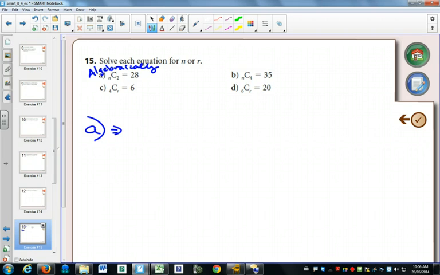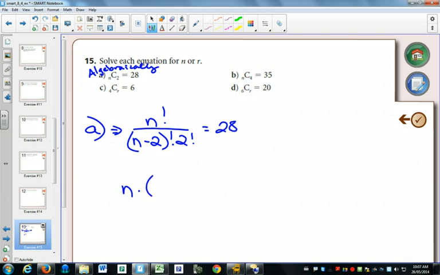So it would be n factorial over n minus 2 factorial equals 28. And this practices our factorial work again. How did we get rid of factorials when we're dividing? Expand the top one. And why did you expand the top one and not the bottom one? Because it's bigger.